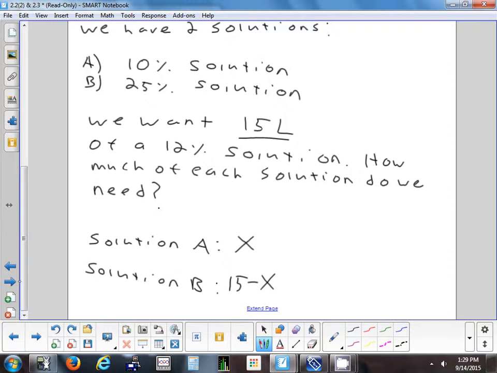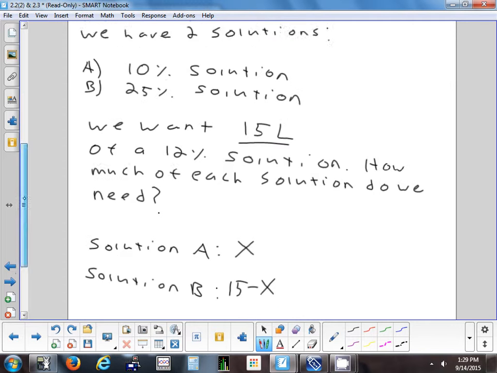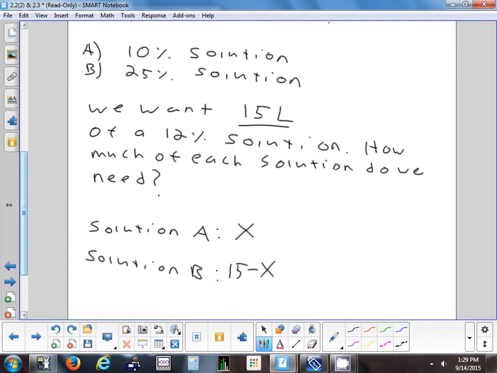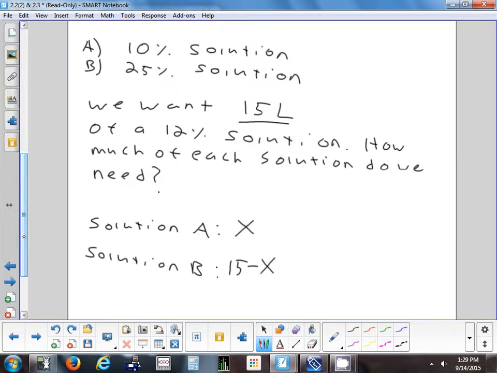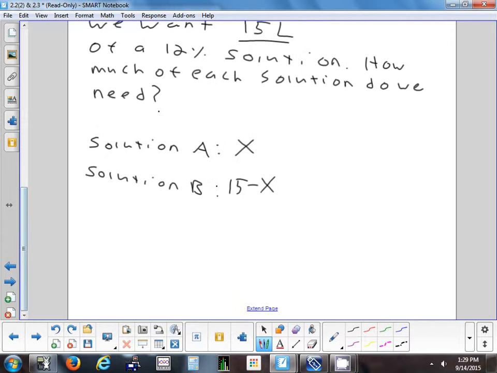Okay, what's the concentration of solution A as a decimal? Tom? 0.01. That'd be 1%. Sorry, 0.1, yeah. Or you could put 0.10 if that's what you meant. So concentration times, Heaven, how much of solution A are we going to use? 10%.